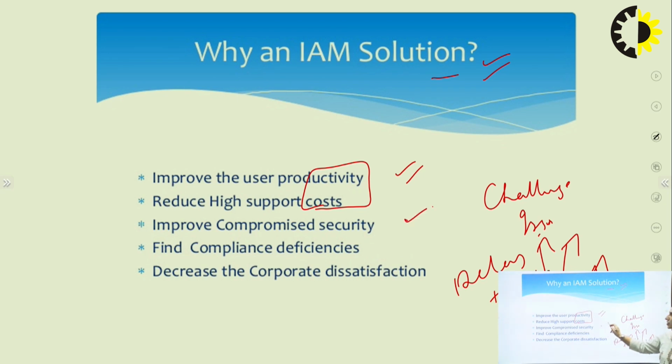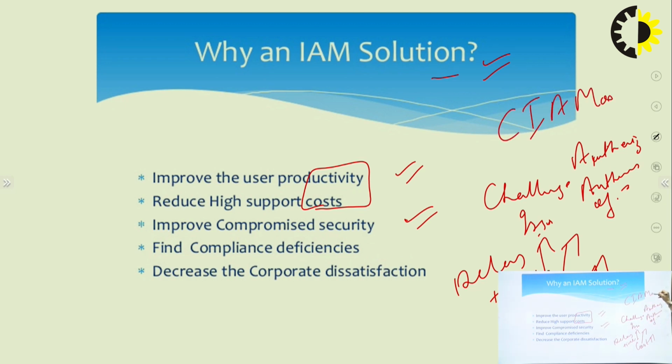Improved compromised security. See, we don't want to compromise with the security of the data that we are going to deal with. And I already told you in my previous lecture regarding the authorization of the data, authentication of an individual, and again the CIA model, right?